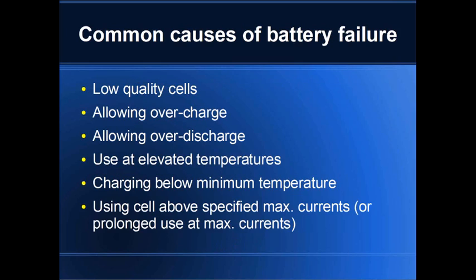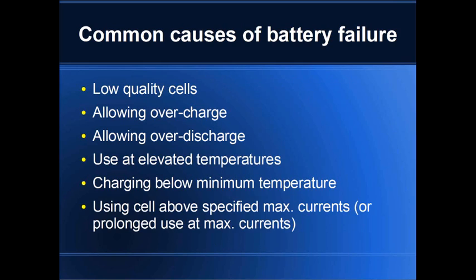So here are some of the common causes that we see, at least, as causes of battery failure. First of all, low quality cells. As I mentioned before, if you start off with a cell, there's nothing that we can do to make the cells magically better than they were originally created.